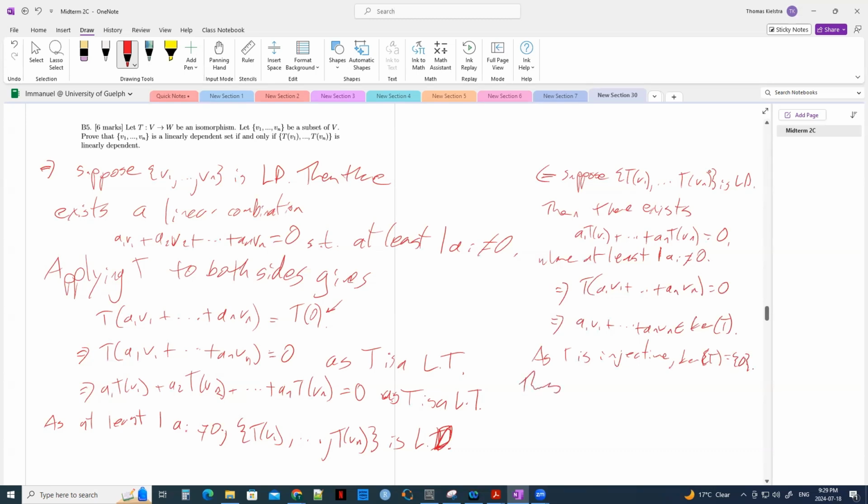Thus, a1v1 + ... + anvn equals the 0 vector. As at least one ai does not equal 0, the set v1 up to vn is linearly dependent. And we have proven the other direction.